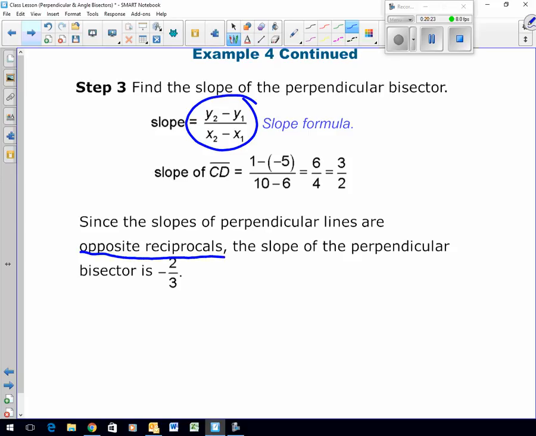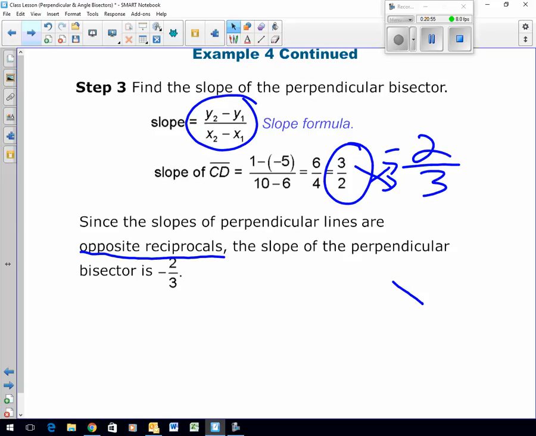Opposite reciprocal, from positive to negative or from negative to positive. 3/2 gets switched to be 2/3. The opposite of positive 2/3 is negative 2/3. Which means I go from rise 3, run 2 to rise negative 2, run 3. Down 2 to the right 3.